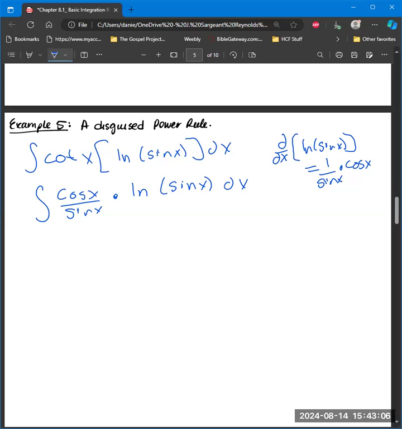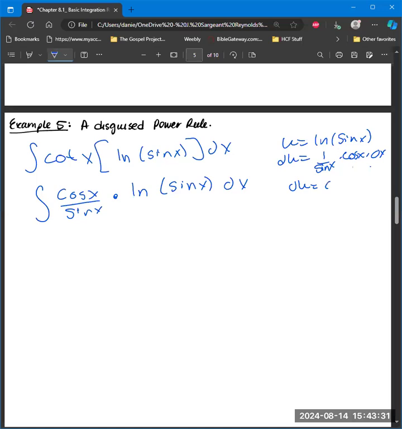And then we have the integral then. It's going to be, let's do it this way. U equals ln of sine x. Du equals 1 over sine x times cosine of x times dx.